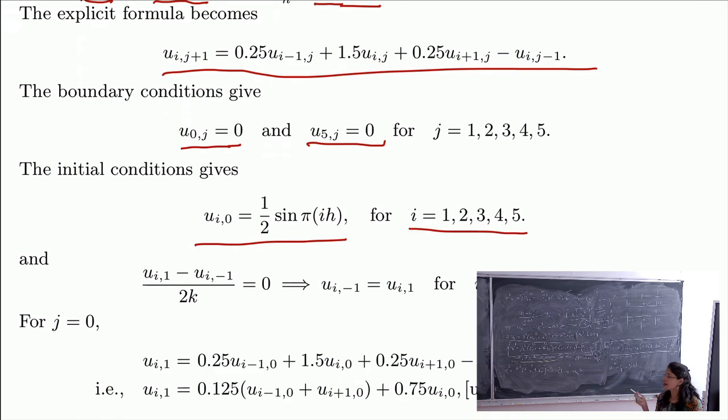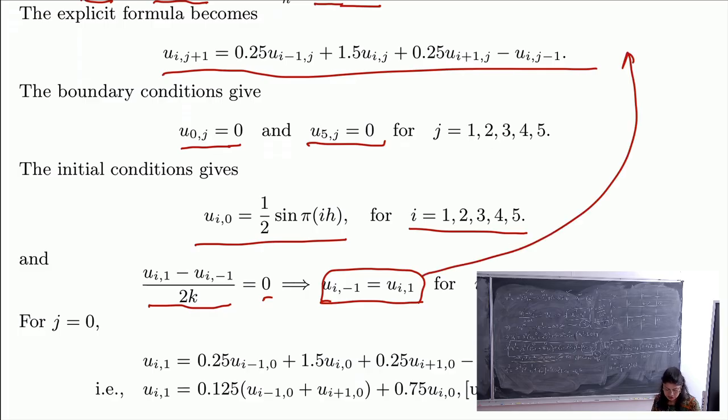This thing I already explained, how to deal with the second initial condition. I am applying the central difference formula in time, which is given to be 0, and I will get u_i at the -1 time level is the same as u_i at the 1 time level. So I will substitute this value here, and I will get this final scheme.